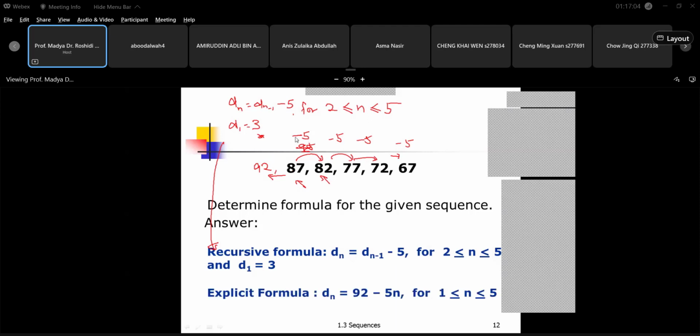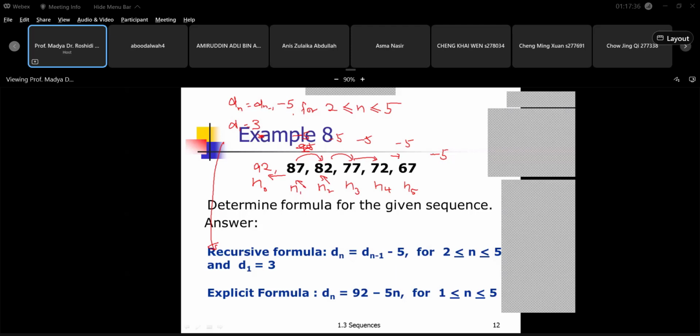We still sustain negative 5. But negative 5 of what? Of n. Because from here to here, negative 5 based on the location. For example, here n1, n2, n3, n4, n5, here n0.